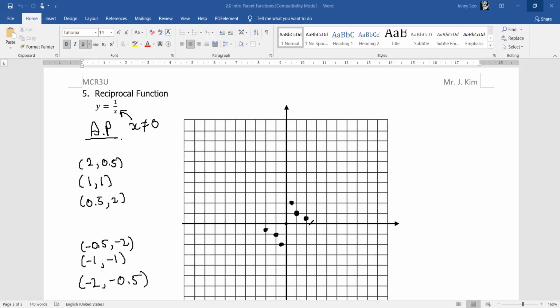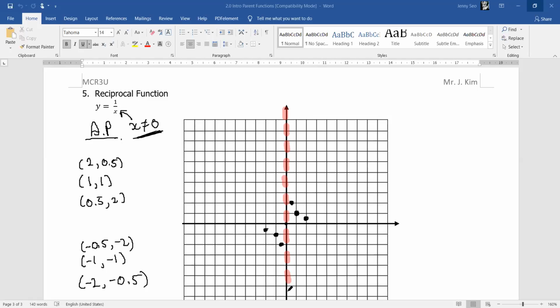And you might wonder, where is this going? I don't understand a thing. I don't know what this is going to look like. But there are two more things that are going to help us. You remember this restriction? X cannot be 0. In other words, here is a line where x equals 0.